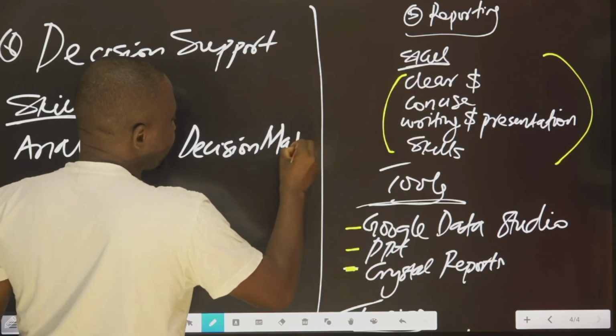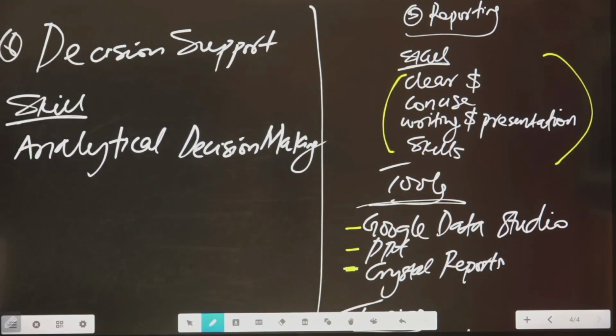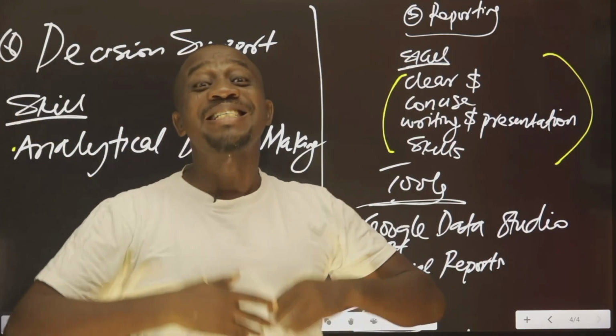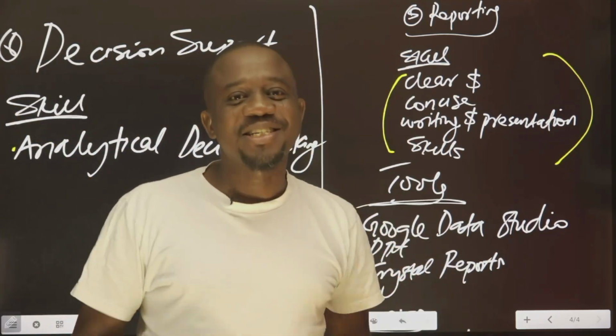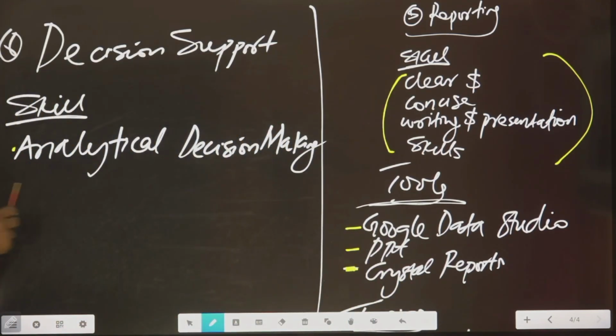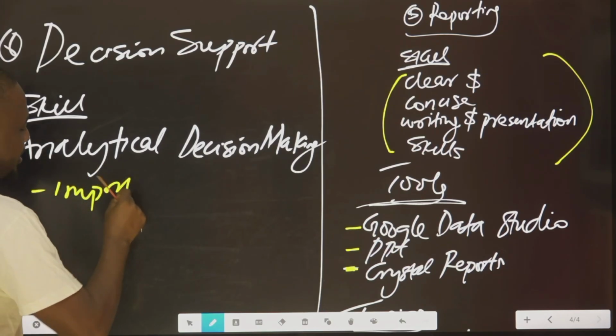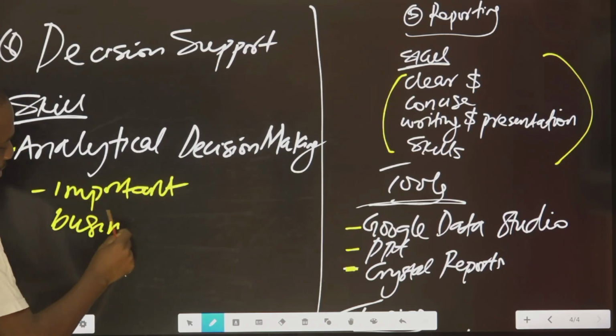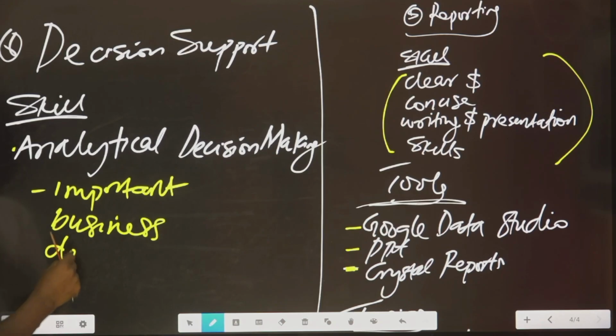Okay? Using data to make important decisions. You can assist, suggest decisions to the management. Using data to make important business decisions.